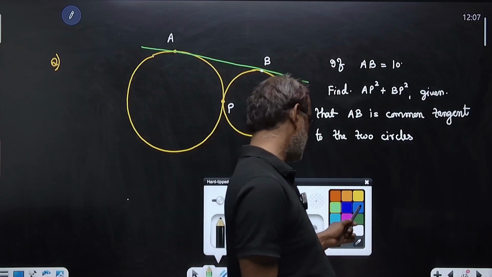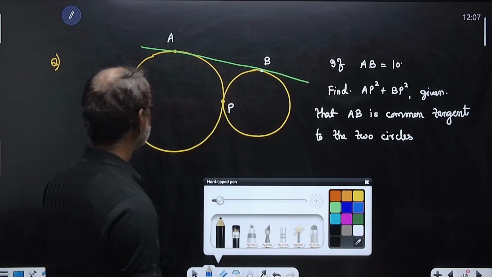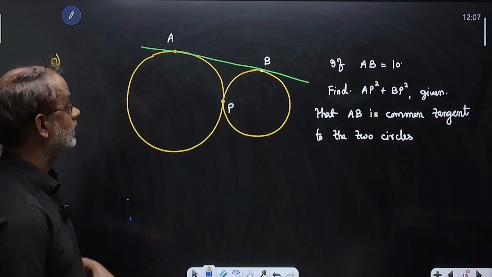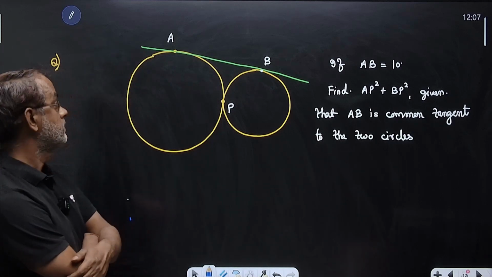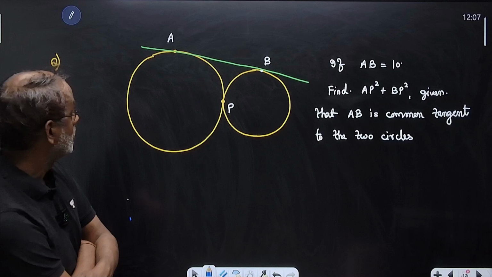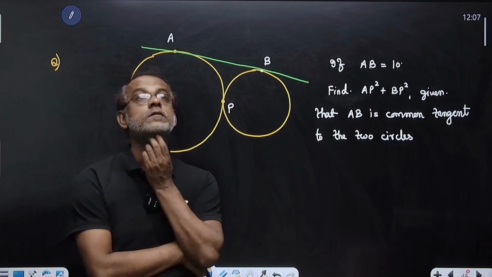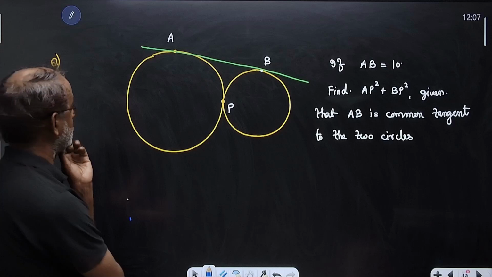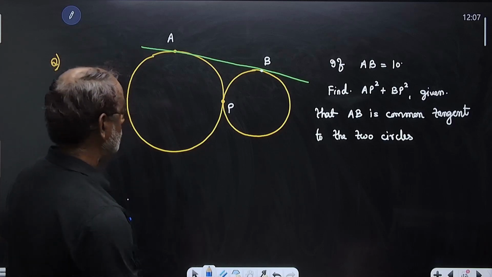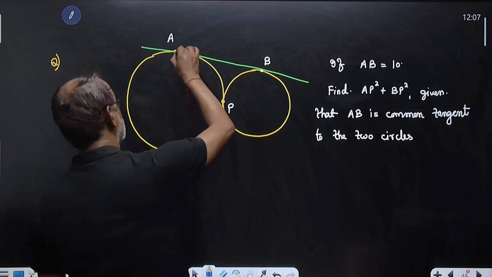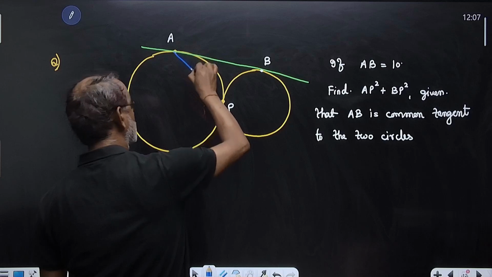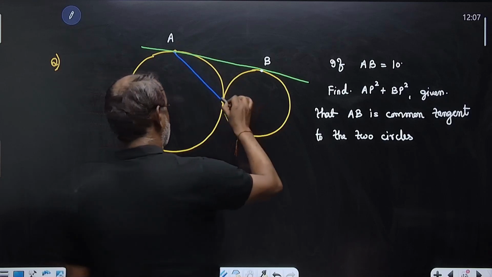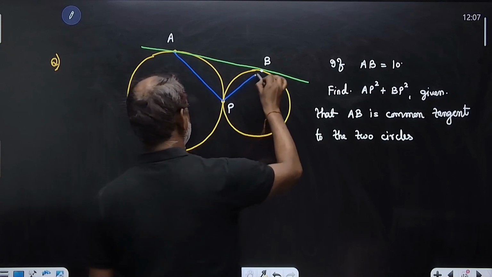So, what is the situation? That AB, okay, fine, touch each other. So, AP square plus BP square.